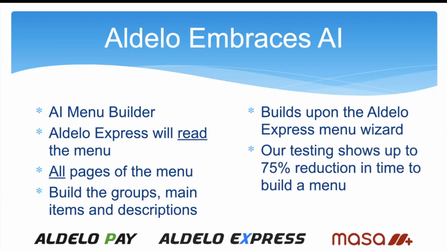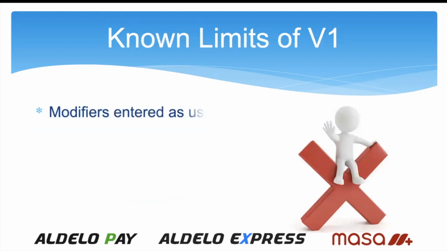Now, what we've seen is about a 75% reduction in the time it takes to build a menu. So it is a pretty significant savings in time. We do know there are some known limits, and modifiers have to be entered as usual. Images are not scanned from the menu.